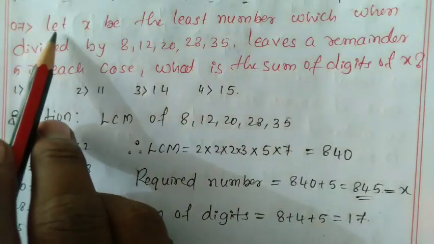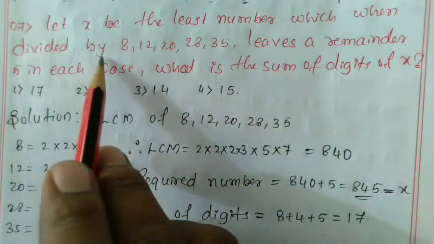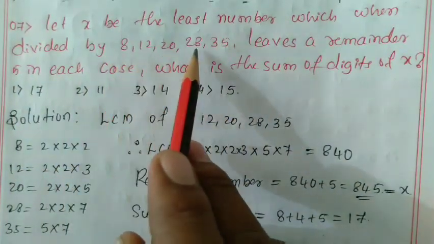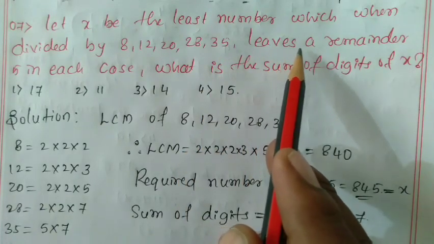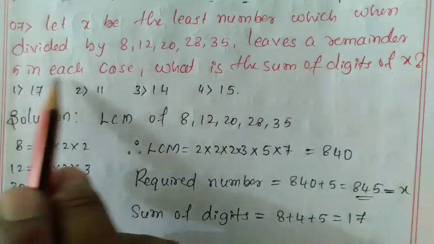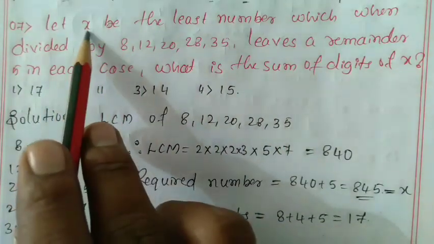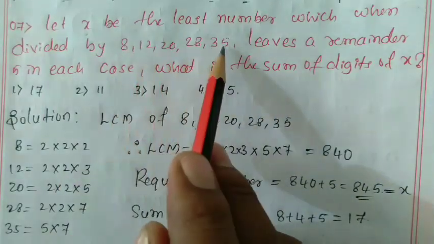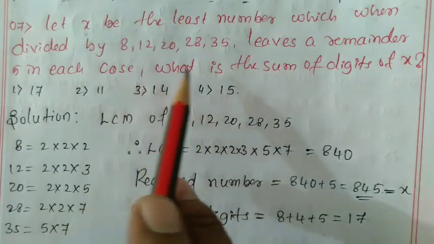So next question, that is, let x be the least number which when divided by 8, 12, 20, 28 and 35 leaves a remainder 5 in each case. Okay, so when we divide a number x by all these numbers, we get a remainder 5 in each case.